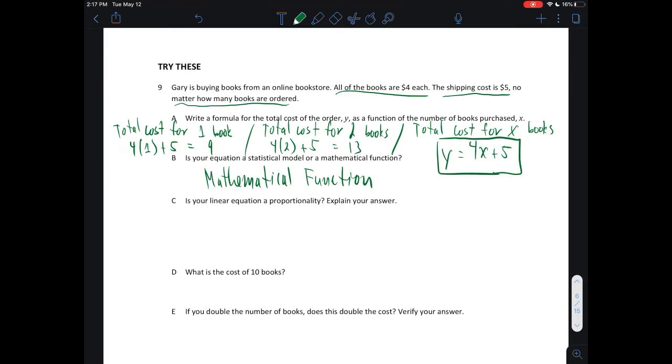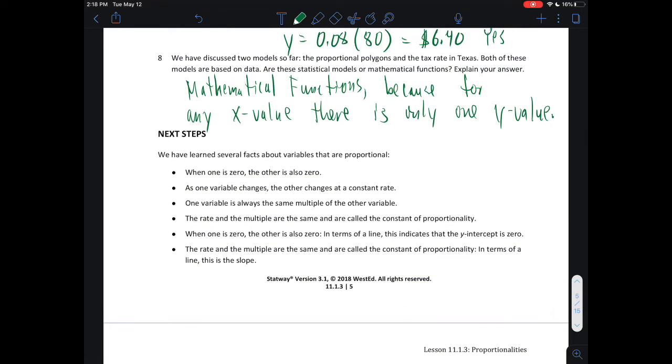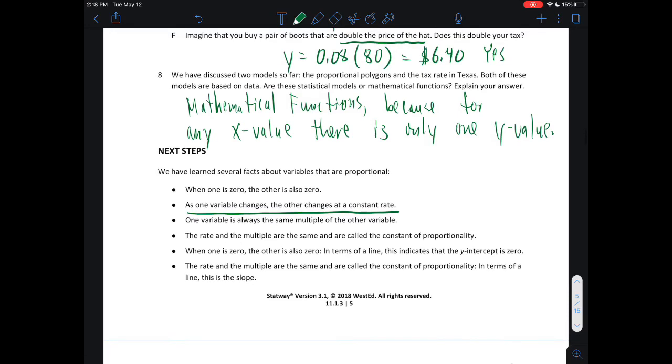Part C, is your linear equation a proportionality? So maybe to answer this, think back to the previous page. Here are some facts about proportionalities. Something that we can take a look at. As one variable changes, the other changes at a constant rate, and that rate is a multiple.